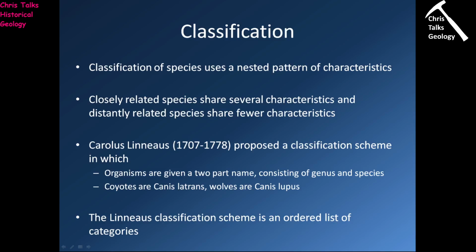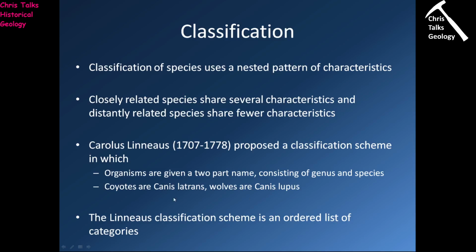The classification scheme is based on the work of Carolus Linnaeus, and the scheme he came up with gave organisms a two-part name consisting of a genus and a species. For instance, coyotes are Canis latrans, and wolves are Canis lupus. Canis is the genus name that shows they're related to each other, but the species names, latrans and lupus, show they are separate organisms.